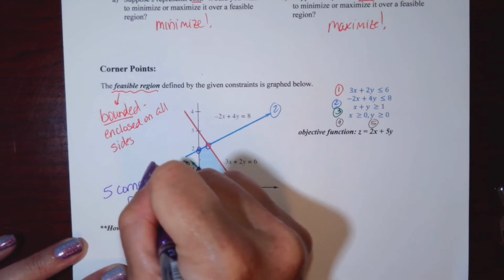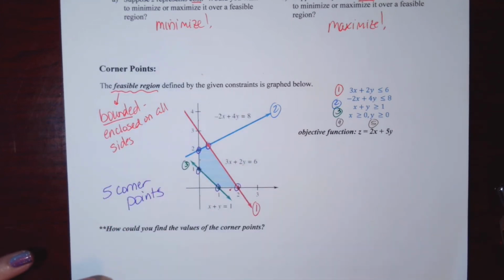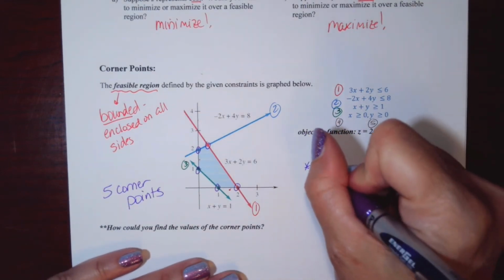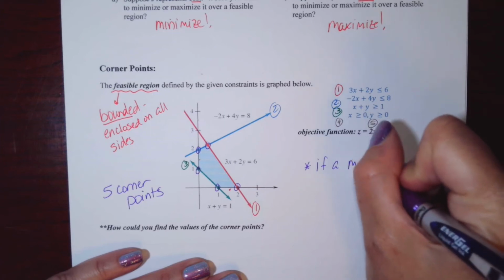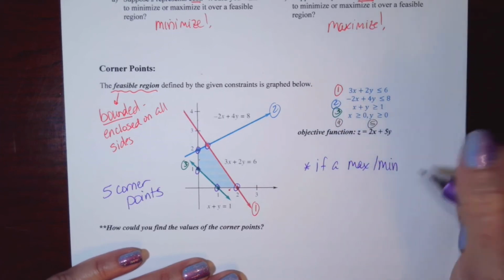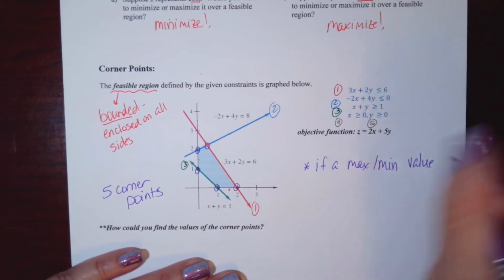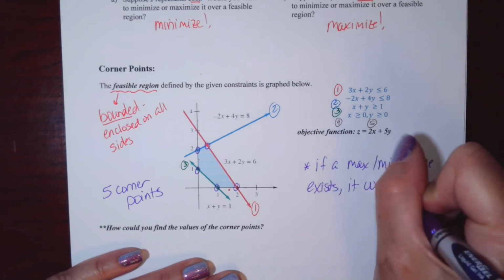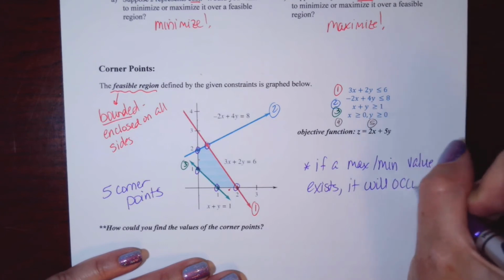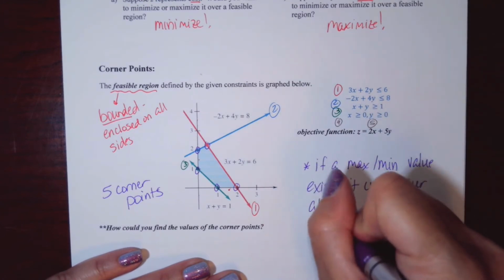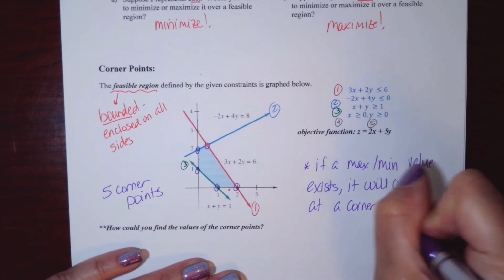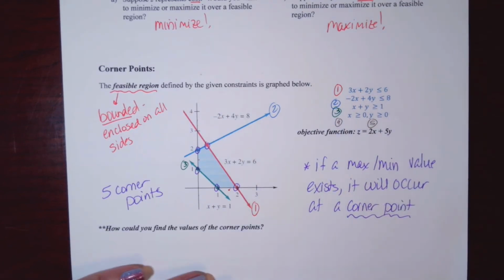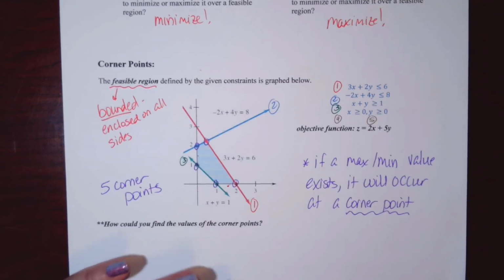Now those corner points are where I'm going to find maximum and minimum values. So if a maximum and or minimum value exists, it will always occur at a corner point. So when you are checking to find a maximum or a minimum, you only have to check those corner points.